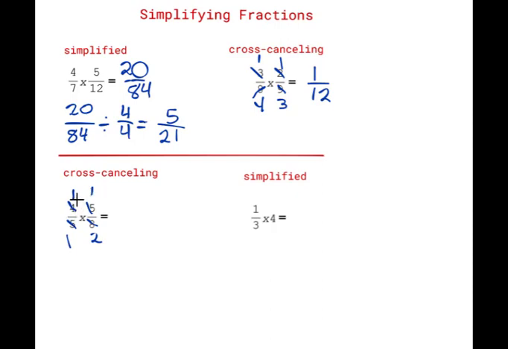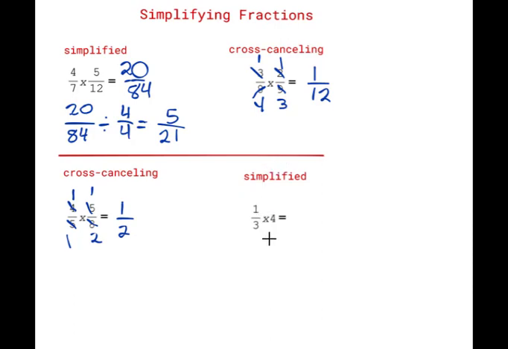And now we can multiply straight across, numerator times numerator. So 1 times 1 is 1, and 1 times 2 is 2, and we have 1/2. The reason I like cross-canceling is that simplifying beforehand is easier because then I'm not trying to find the greatest common factor. But whatever works best for you is the method that you should use.